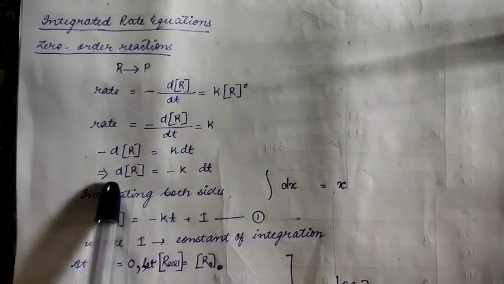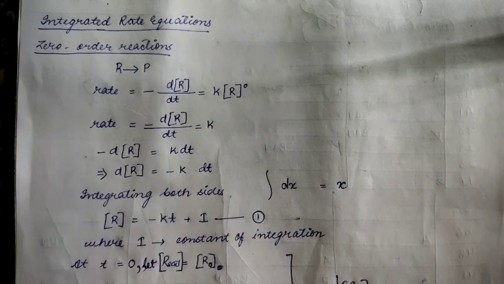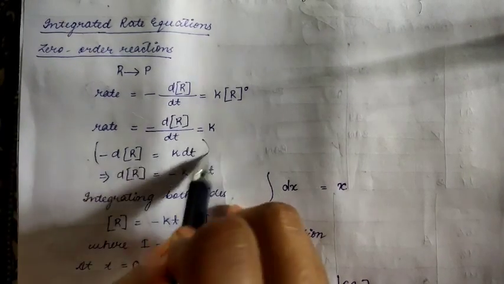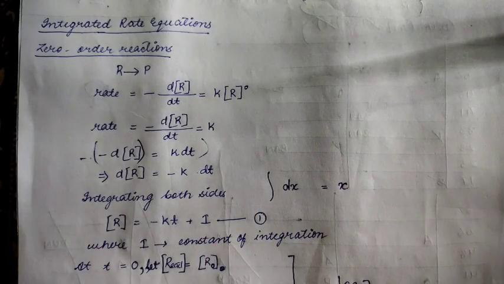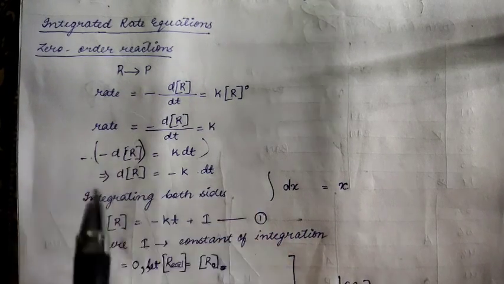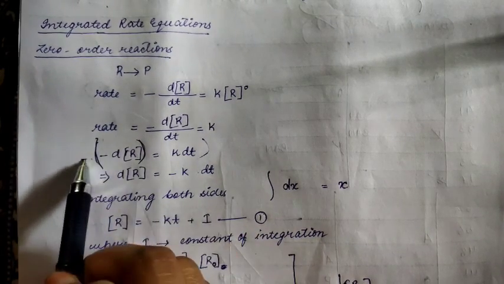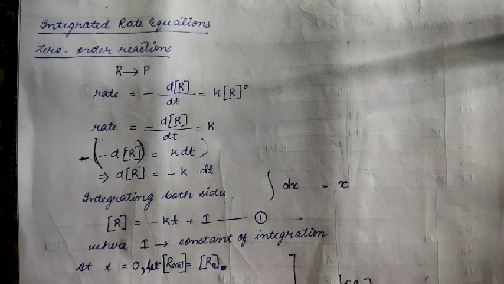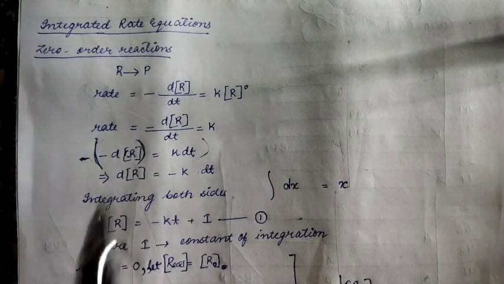Now take the negative to the right hand side, or you can say we put a negative sign on both sides. We cannot simply take the -1 to the right hand side. So what is done here? We multiply both terms with -1.